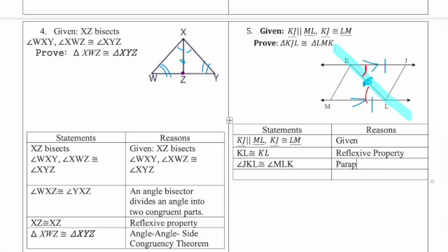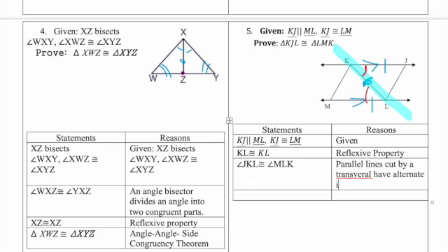parallel lines cut by a transversal have alternate interior angles. Alternate interior angles.